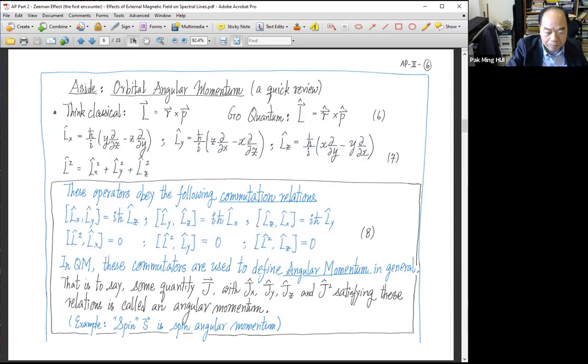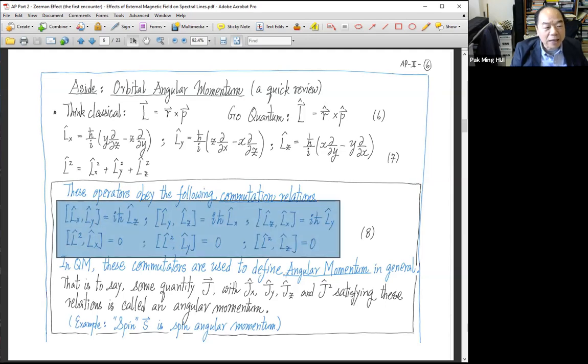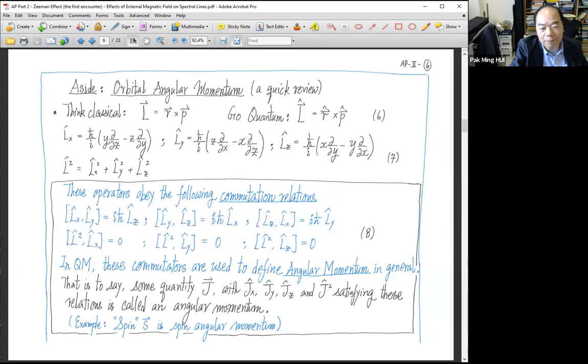Okay? In quantum mechanics, if you have a vector quantity with 3 components, and they obey these 6 relationships, they are generally called angular momentum, even though some of them don't look like angular momentum at all. This is the definition of angular momentum in quantum mechanics.